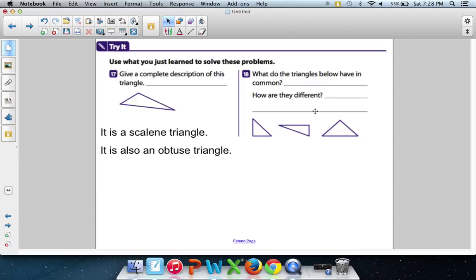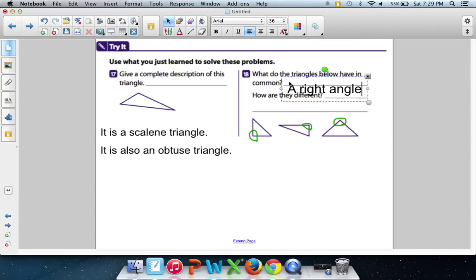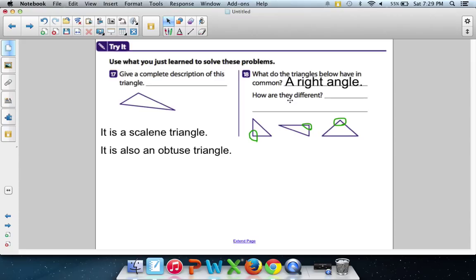What do the triangles below have in common? Oh, I see it. Do you see what they have? Here, let me circle them for you. Something right there. Something right there. And something right there. What do all three of them have? They all have a right angle. Yep, that's it. How are they different?